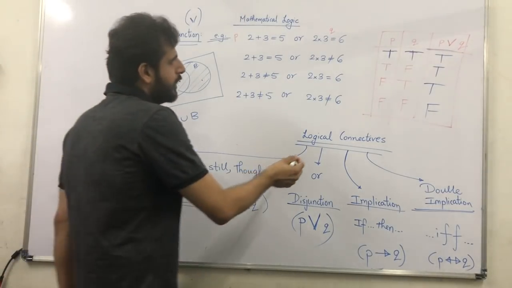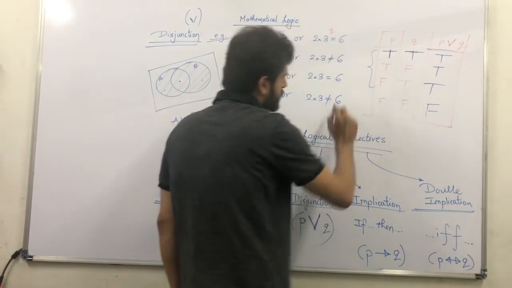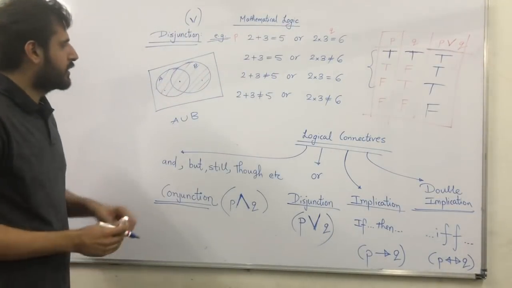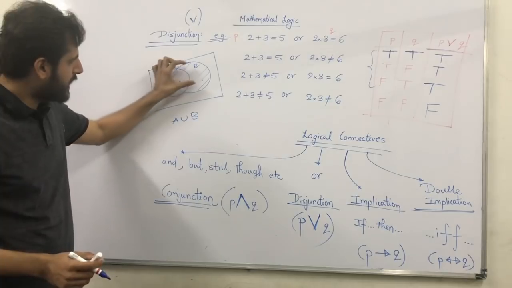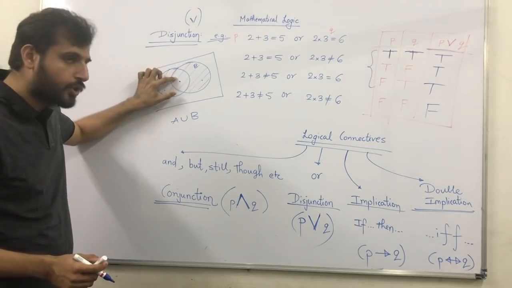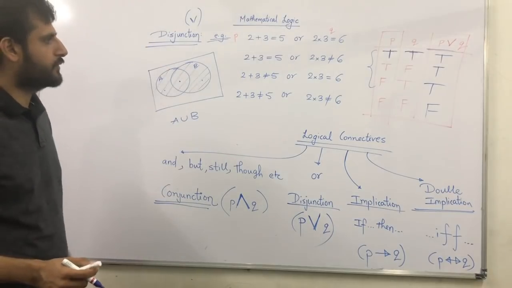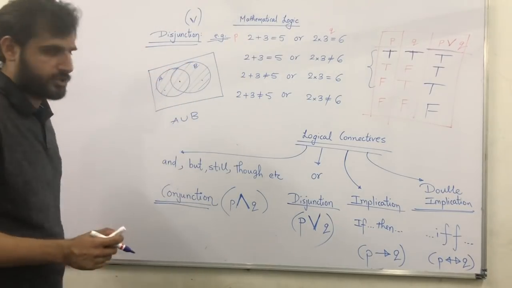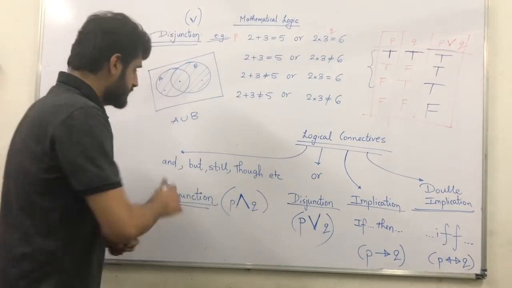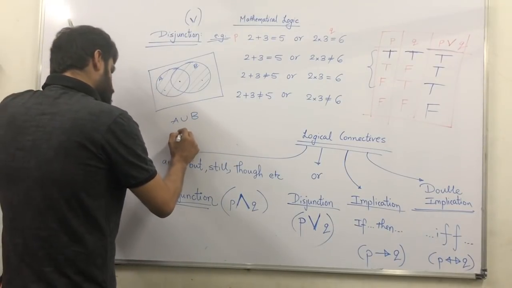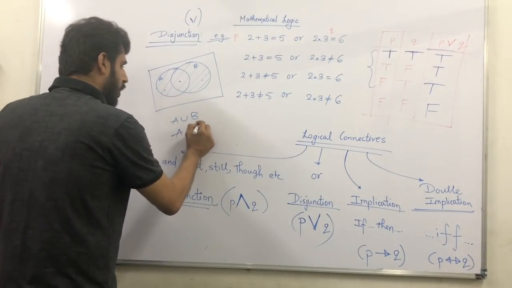These are three cases which you have shaded here. You can have only P true, only Q true, or both true, but you can't have both as false. This region won't be counted. So we can always relate mathematical logic with set theory. This A union B is also called A or B.